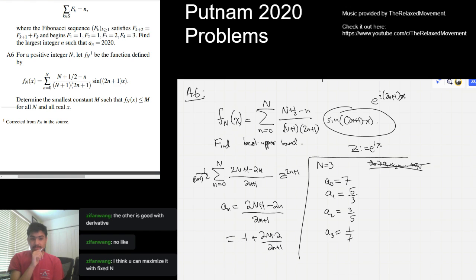By setting the derivative to 0? Wait, no, aren't you going to find a closed form expression for fn?